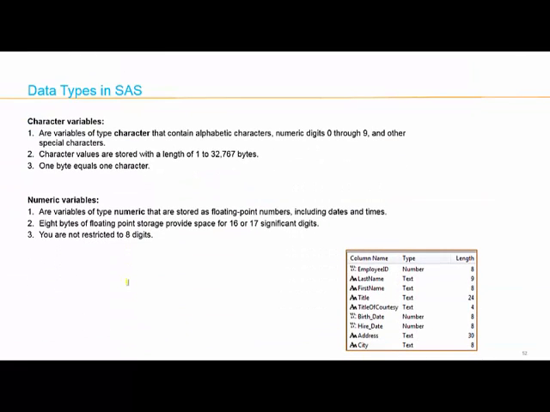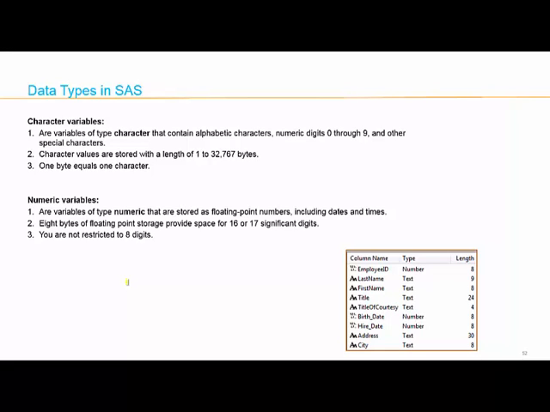Next, very important: when you want to store values in columns in SAS, those columns can be a character variable or a numeric variable, which means SAS has only two kinds of data types, numeric or character. In SAS we don't have any other data types, only two, which is very good.